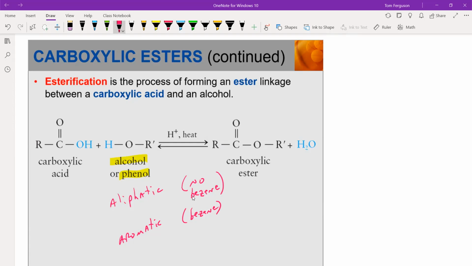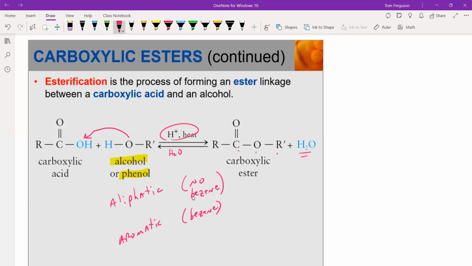Okay, under acidic conditions with some heat, the alcohol and the acid form a C-O-C bond series, and we end up generating water. And then the reverse reaction requires water, actually. And then it repopulates the hydrogens on the alcohol and the carboxylic acid that were left when the ester is formed.